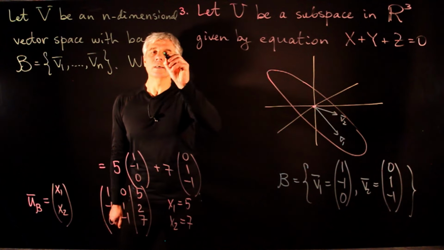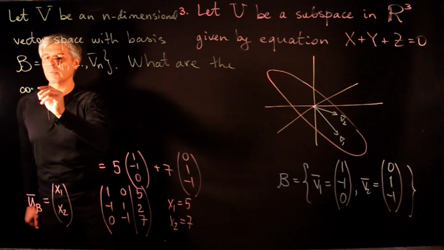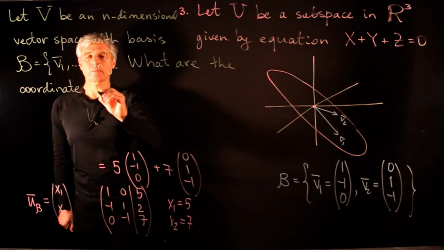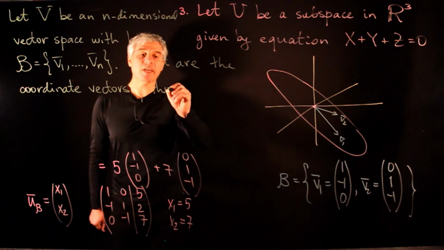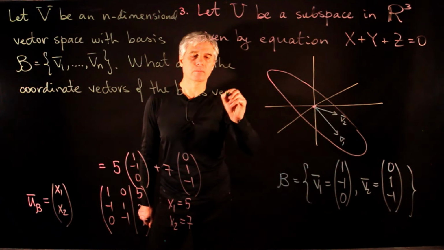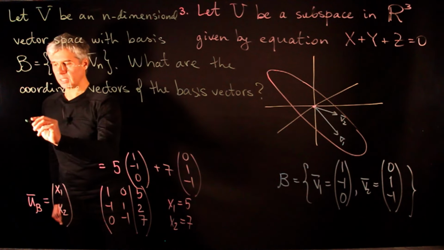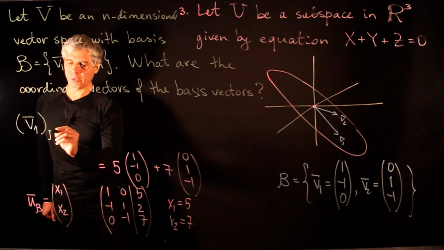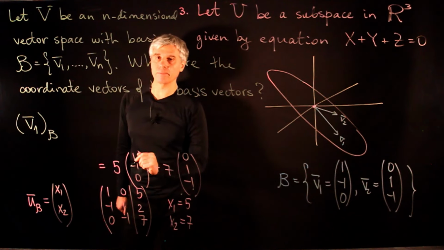What are the coordinate vectors of the basis vectors? So for example, if we take the basis vector V1, what will be the coordinate vector of V1 with respect to the same basis B?